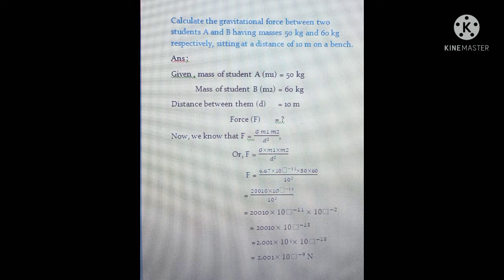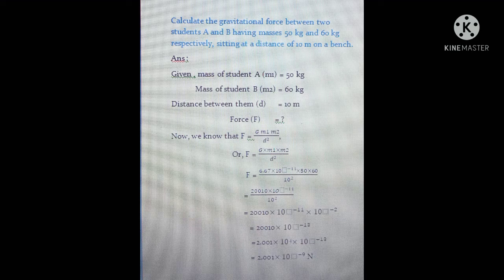Okay, now we'll go for the numerical. Here is a question. Calculate the gravitational force between two students A and B having masses 50 kg and 60 kg respectively, sitting at a distance of 10 meter on a bench. In this kind of question, first of all we have to write what is given.